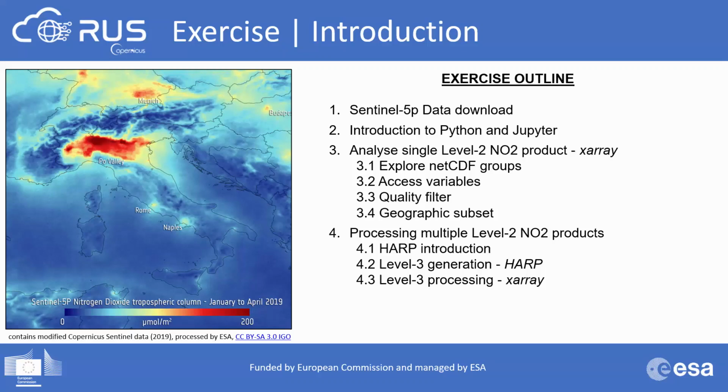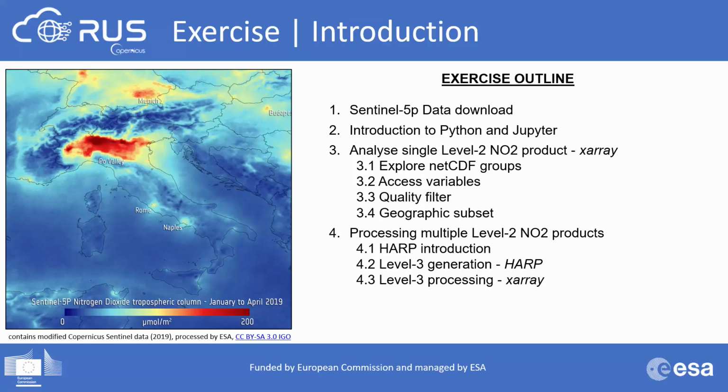The first one, which is point number 3, is the part of the exercise in which I will show you how to handle a single Sentinel 5P data in Python and how to do some basic operations such as exploring the file, accessing some variables, and do some very basic and relevant processing operations such as the quality filter or a geographical subset.